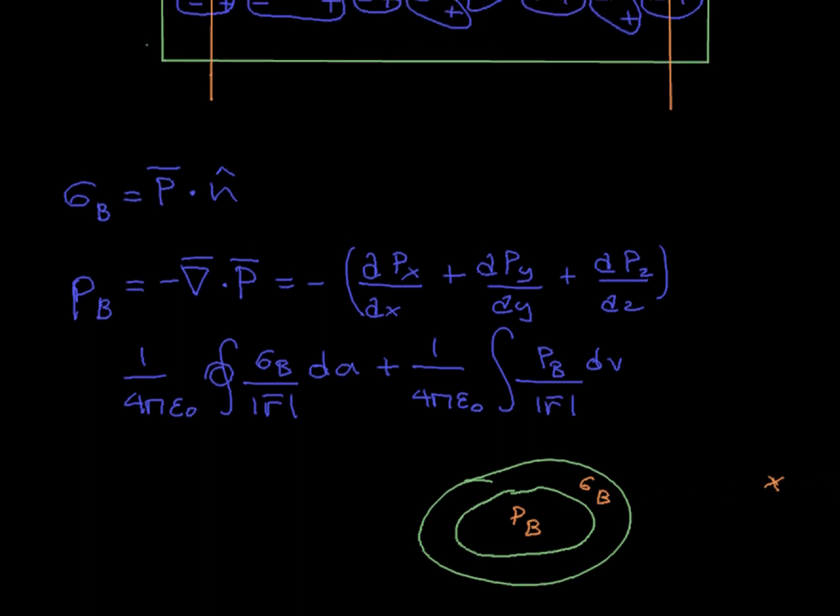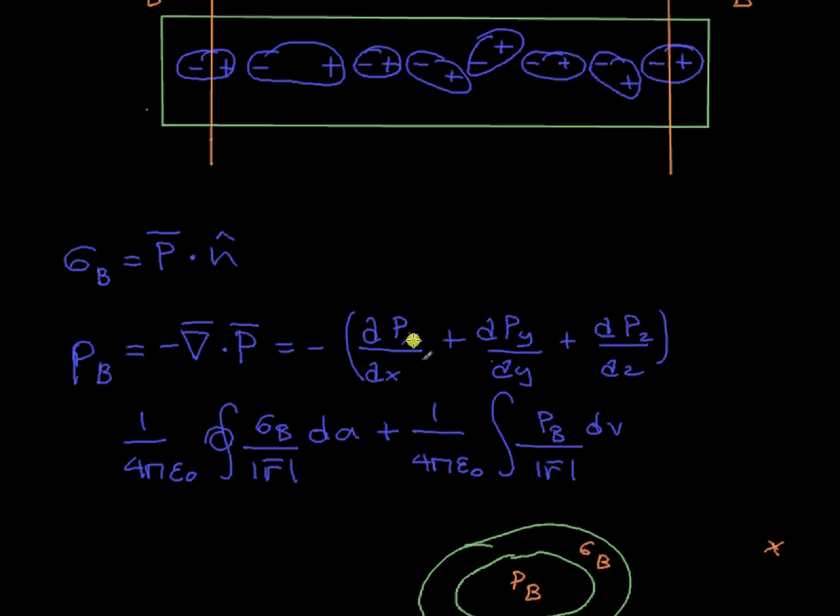Now, the important thing to keep in mind is that the surface charge density and the volume charge density of polarization have a different dependence on polarization. The volume one depends on the divergence, whereas the surface charge density is just the dot product between polarization and the unit normal vector.